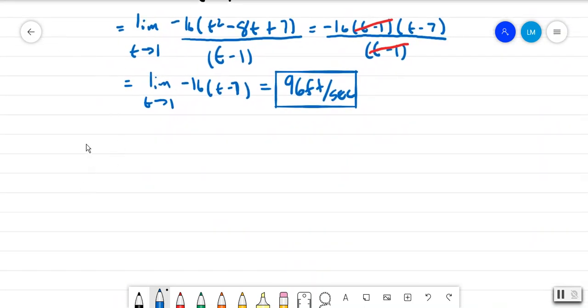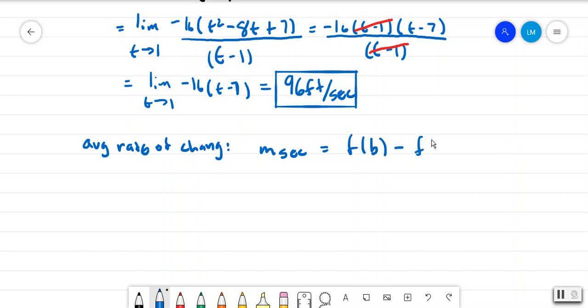Now, we have several definitions essentially. For instance, we know that the average rate of change is given by what we call the secant, which is equal to f of b minus f of x divided by b minus x. However, we also have the instantaneous velocity.